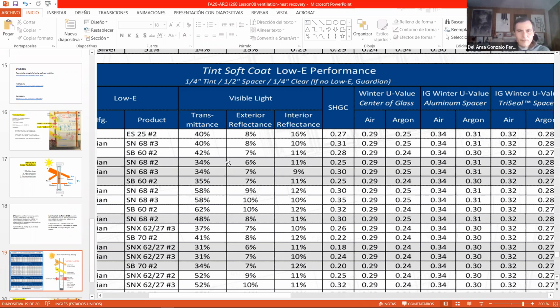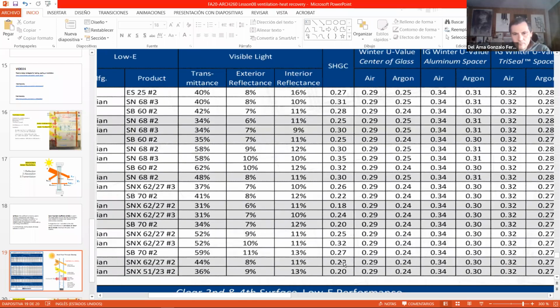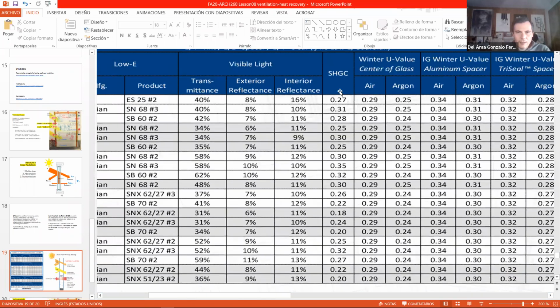It depends. And then we have the solar heat gain coefficient. Those are pretty low, as you can see: 0.27, 0.31, 0.35, 0.2. These are very low solar heat gain coefficients. So this might be a catalog for solar control glasses, the kind of glass we can use in summer or in hot countries.